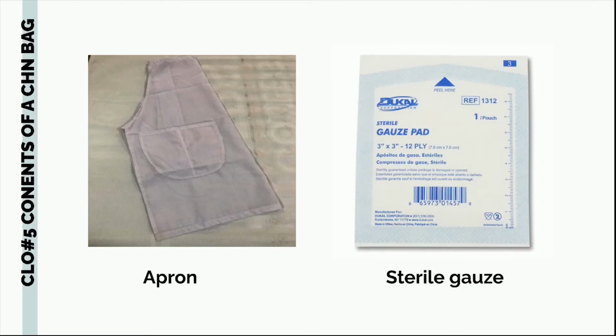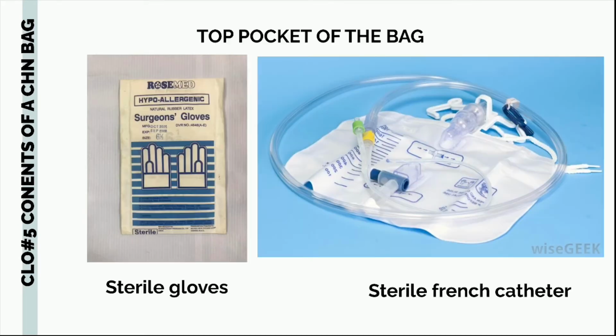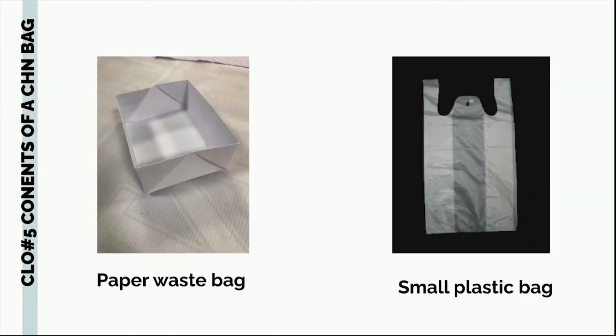An apron that protects the nurse's uniform, a sterile gauze, sterile gloves that protect the nurse from infection and to protect the patient also. We have a sterile French catheter, which helps to drain urine from the bladder through the urethra.